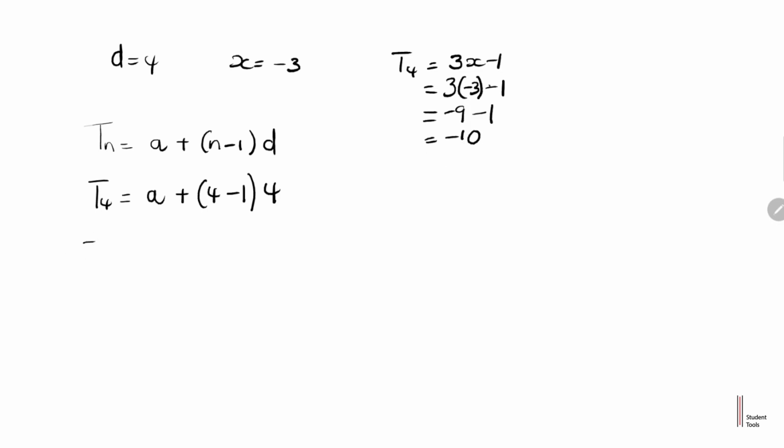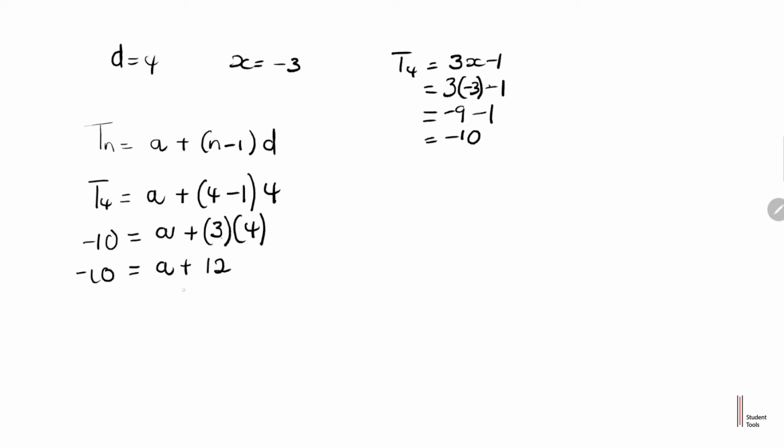So let us put negative 10 here, equal to a plus 4 minus 1, that's a 3. So we will have a 3 here, multiplied by a positive 4. So negative 10 is equal to a plus 3 multiplied by 4, that is 12. To make a the subject, we would have to take the positive 12 from the right hand side to the left hand side.